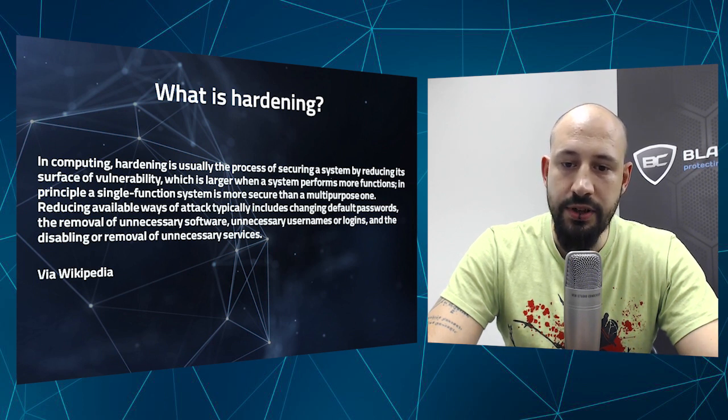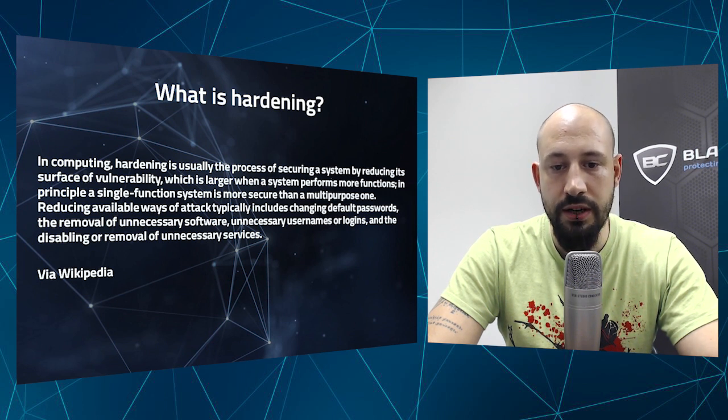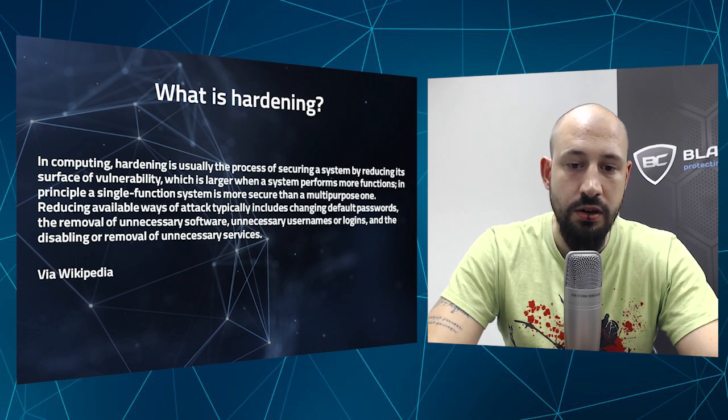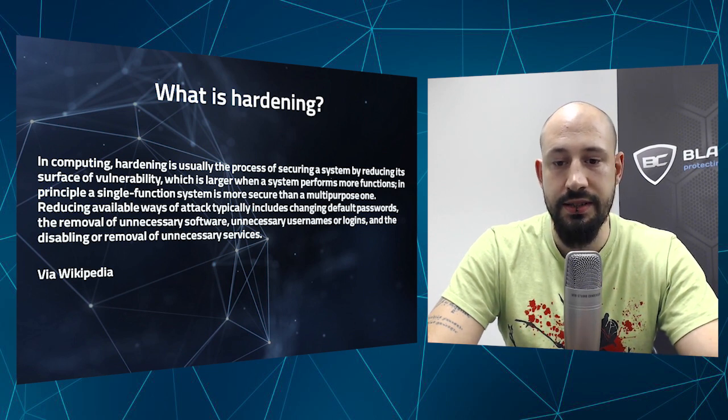Reducing available ways of attack typically includes changing default passwords, the removal of unnecessary software, unnecessary usernames or logins, and the disabling or removal of unnecessary services. So basically, hardening is kind of like removing everything that's not necessary, and if they are all removed, then we will get a slightly reduced attack surface on the target system.